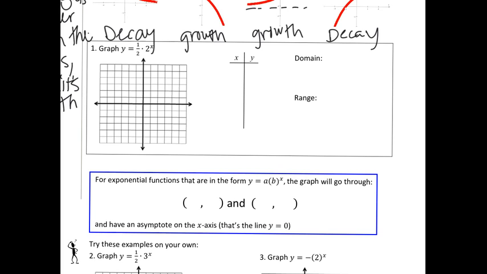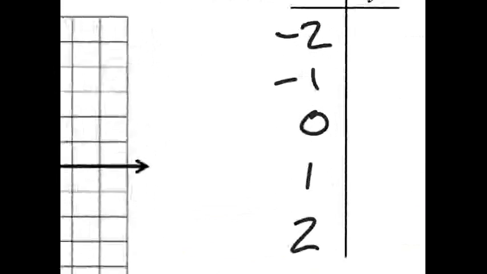So let me show you with -2, -1, 0, 1, and 2. Okay, so if this is my x value, I'm going to plug it right in for x. So I'm going to zoom in super close.